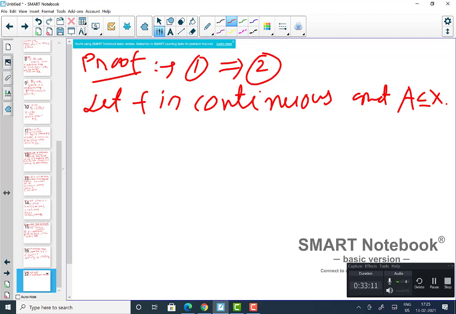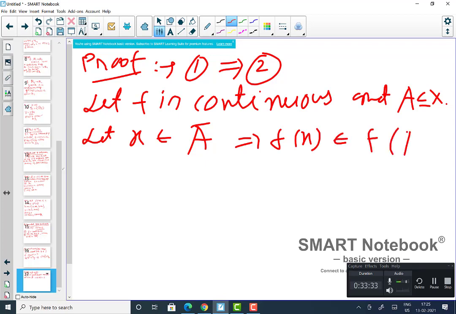So what I need to prove? Let us choose any point x belonging to the closure of A. Then f of x is an element of f of the closure of A. Let me write down first what I need to show properly.